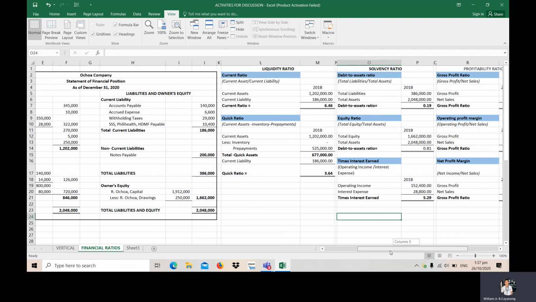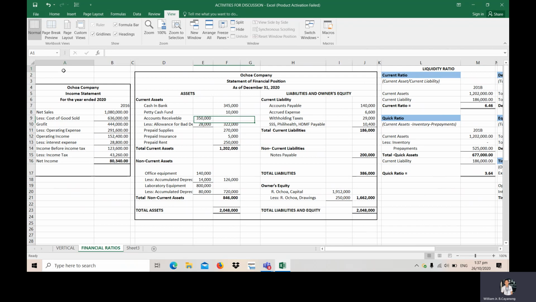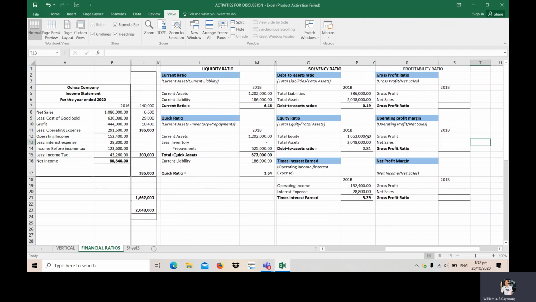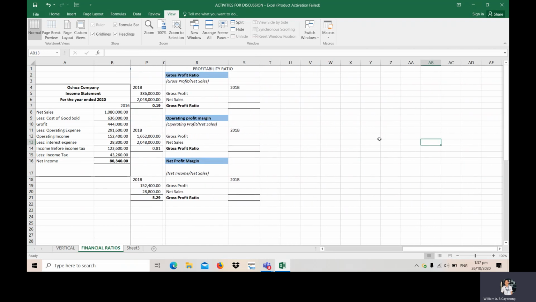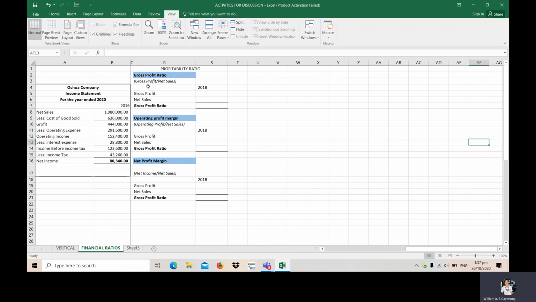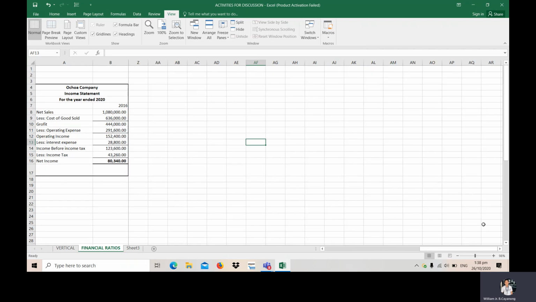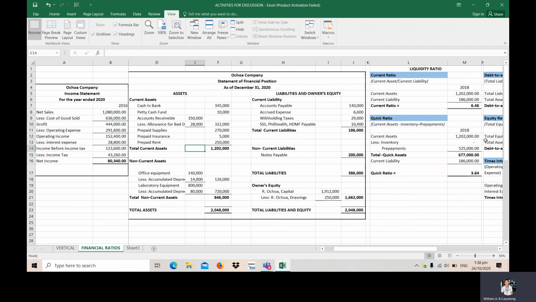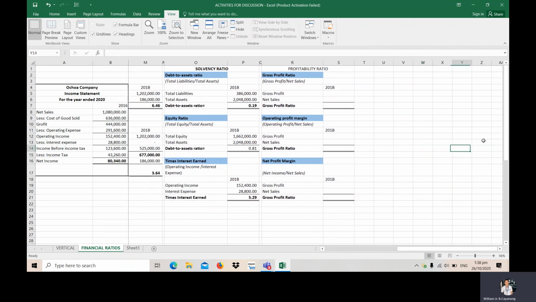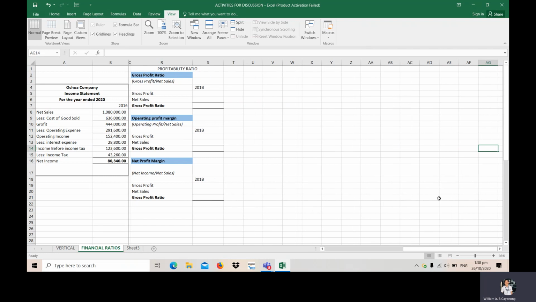And now, we'll proceed to the profitability ratio by letting this example be our basis. So next is the profitability ratio.